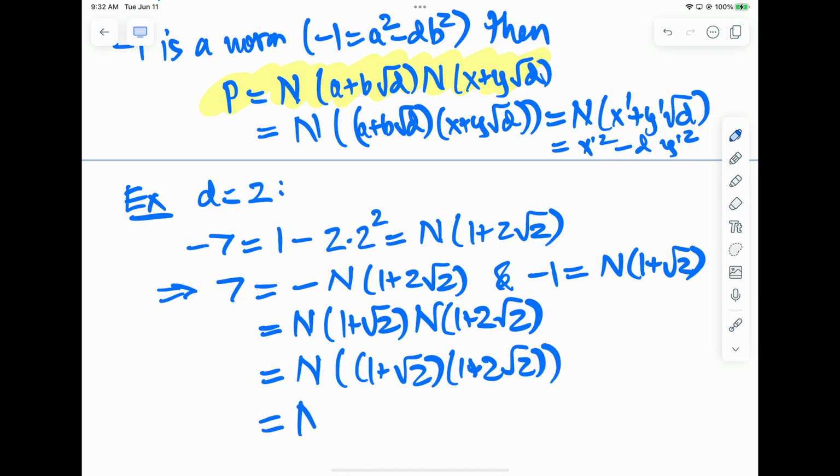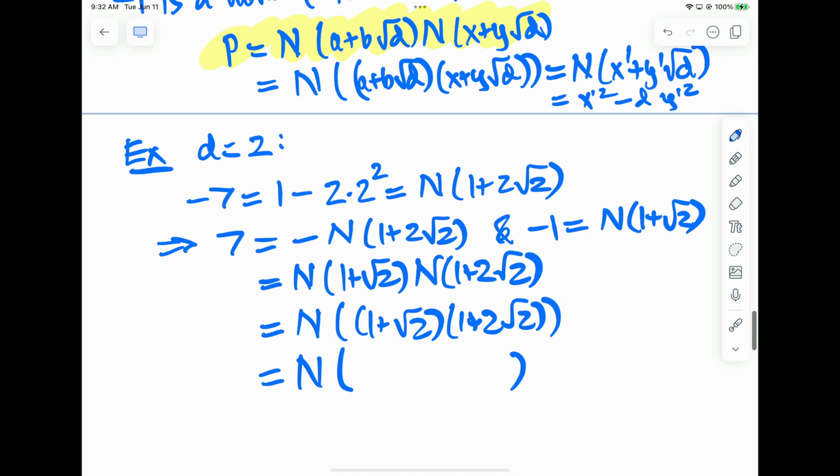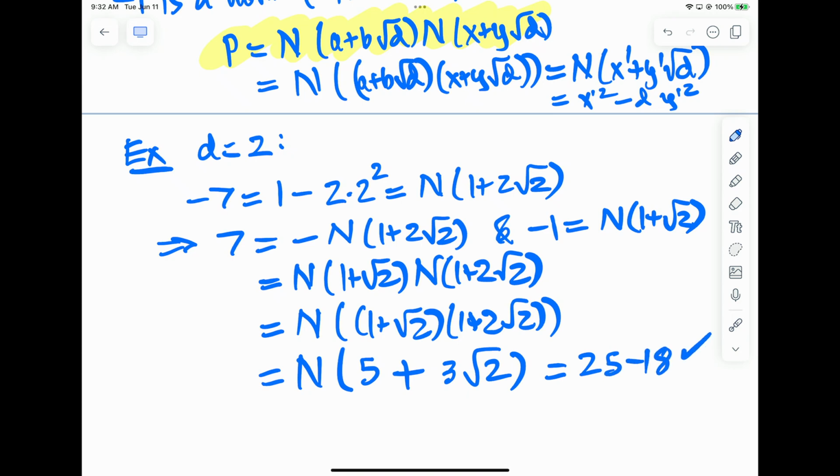And now you just multiply things out. And what do we get? 1 plus 2 times root 2 squared, so that's 4, is that 5? 1 plus 4 is 5, plus root 2 and 2 root 2, is that 3? 5 plus 3 root 2, 25 minus 18, it worked. Okay, so from writing negative 7 as a norm, we got 7 itself as a norm.